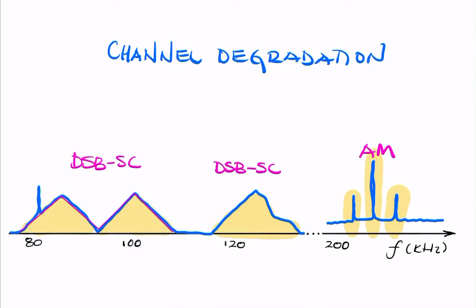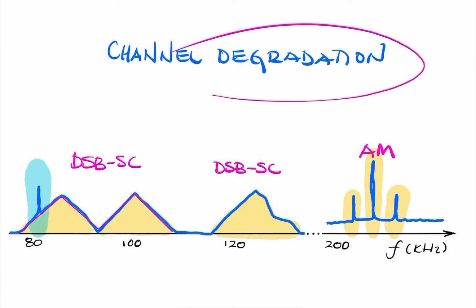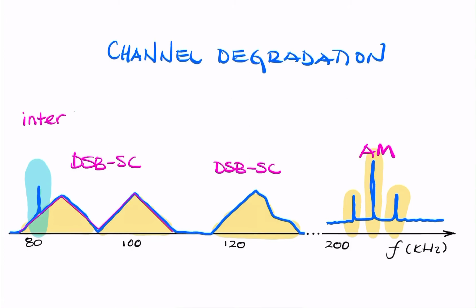So if that's our first signal, we see that the spectra of the upper and lower sidebands are not identical. They're asymmetric. So there's this component here. So something is wrong. What kind of channel degradation effect is that? That's what we call interference.